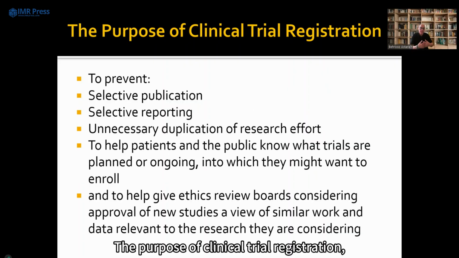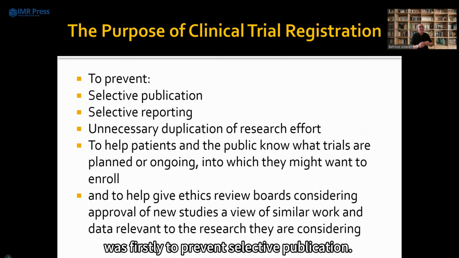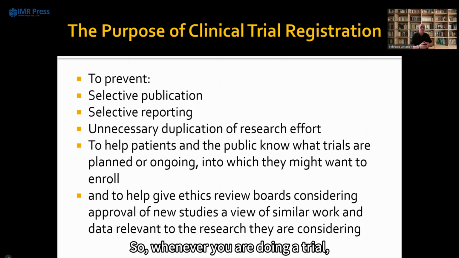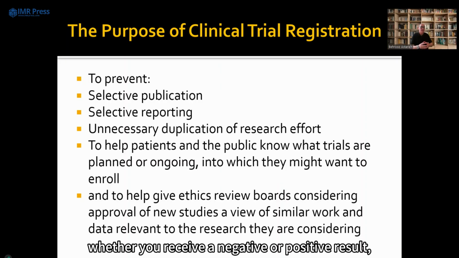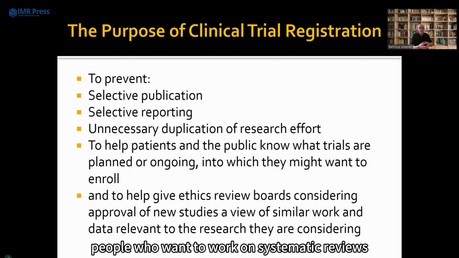The purpose of clinical trial registration, as I mentioned earlier, was firstly to prevent selective publication. So whenever you are doing a trial, whether you receive negative or positive results, the results should be published so that future people who want to work on systematic reviews have access to both positive and negative results of the same research question.